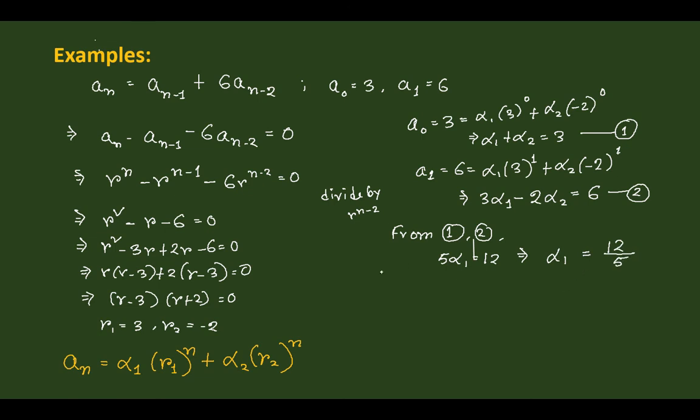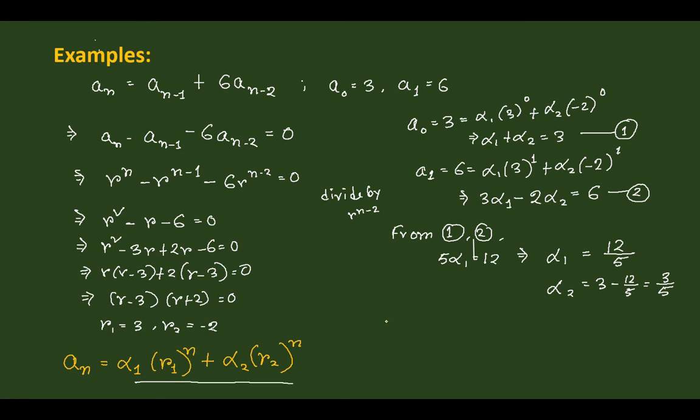We have got the value of alpha 1. And if we put this value in equation 1, then alpha 2 would be 3 minus 12 by 5, and that is 3 by 5. So we have got the values. Now put these values in this equation, this one.